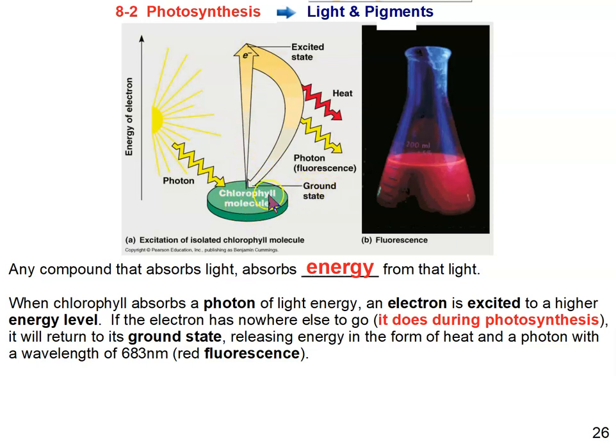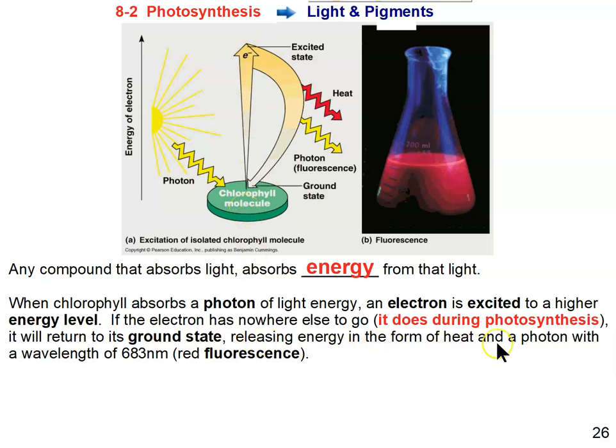But because this is an isolated chlorophyll molecule, that electron has nowhere to go, and eventually will fall back down to its ground state. So you can think of it as kind of having potential energy. It's been excited to a higher energy state. It has potential energy, and that potential energy will be released when it falls back down to its ground state, which is more stable for it. That's the reason it would fall back down to its ground state.